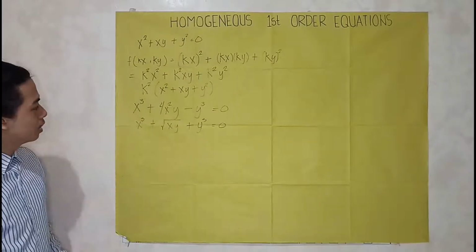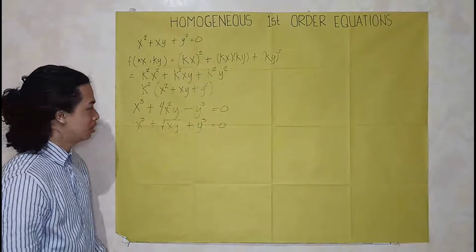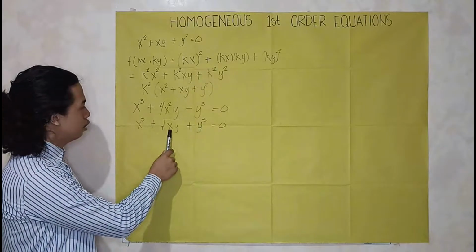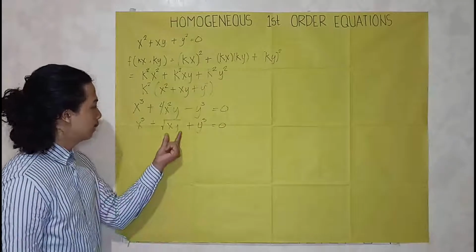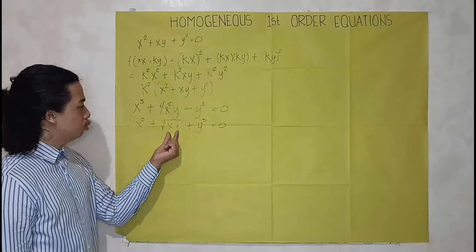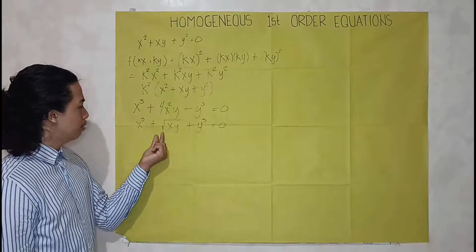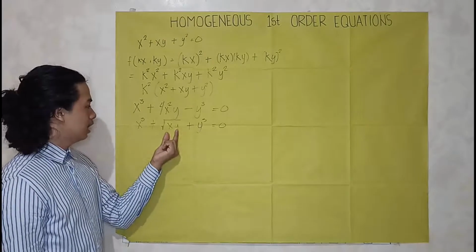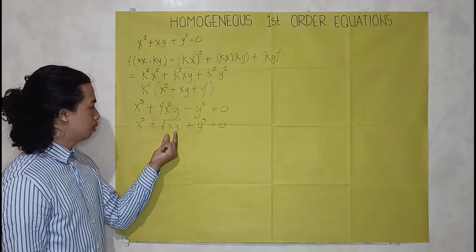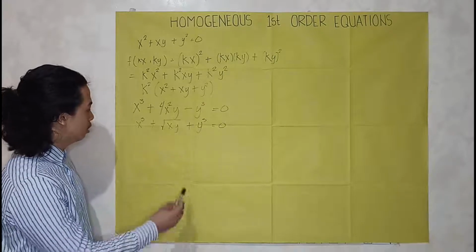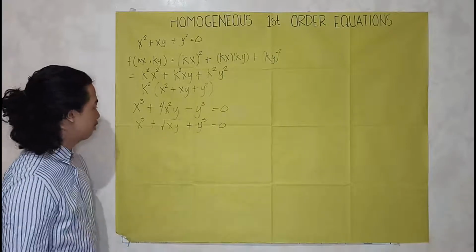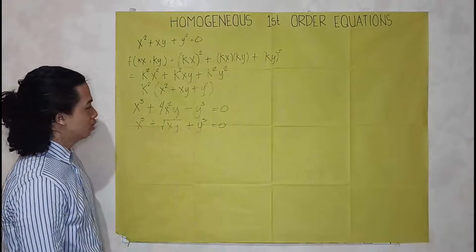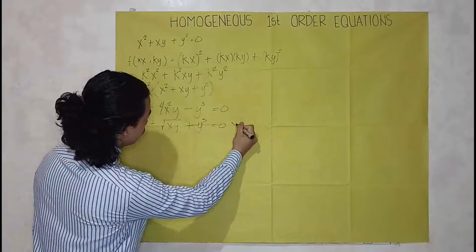This is not a homogeneous equation because minultiply natin yung xy, magiging degree of 2 siya, pero meron tayong square root which is naka-raise siya sa 1/2, so therefore ang degree lang nito ng second term is 1, and the degree of the first and the third term is 3. So this is not a homogeneous equation.